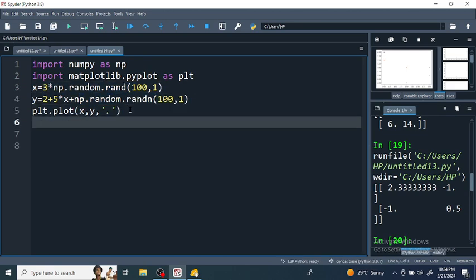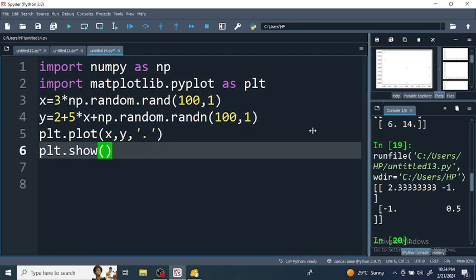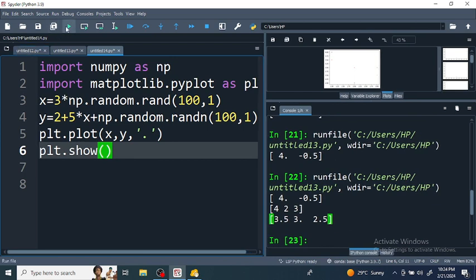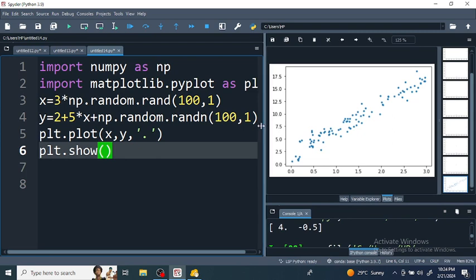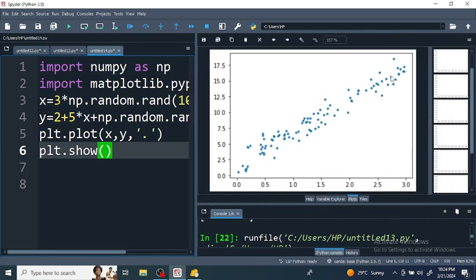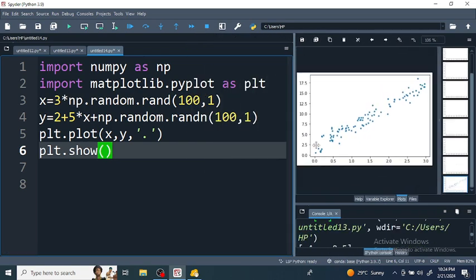So if you plot here with plt.show, you can see we get the randomly distributed data, and this is linear data. Now we want to fit a linear equation passing through this data.